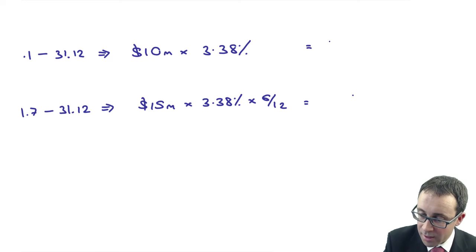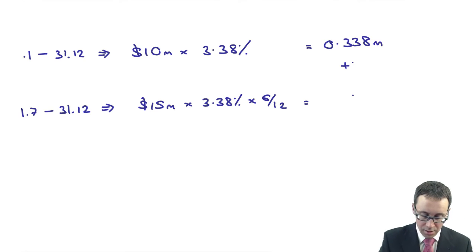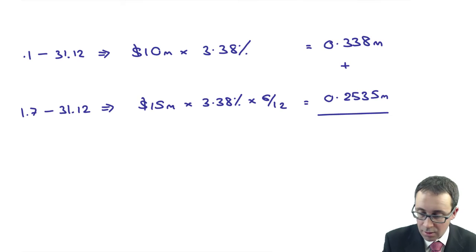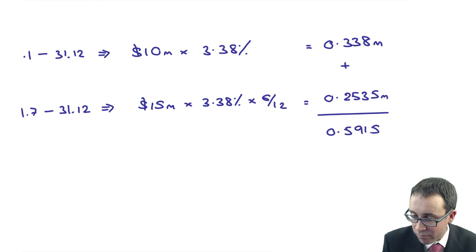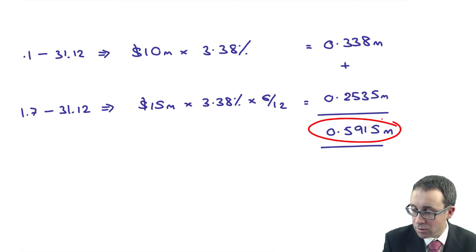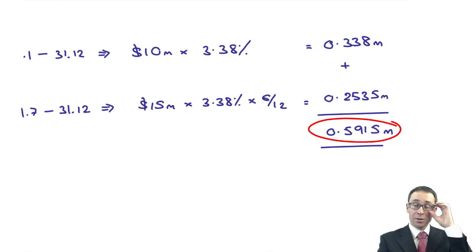So that gives $0.338 million, and 15 times 0.338 for 6 months gives 0.2535 million. So there we have 0.5915 million. The amount to be capitalized is $0.59 million.